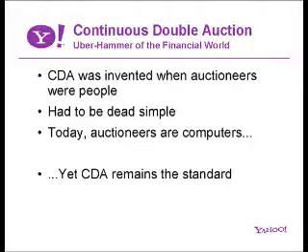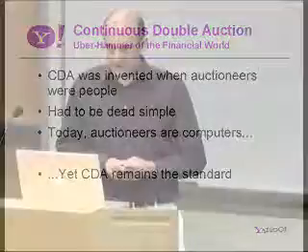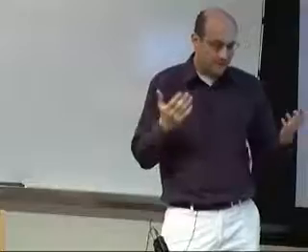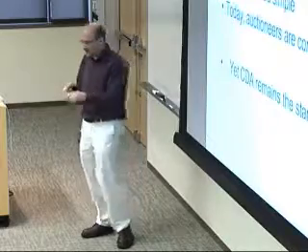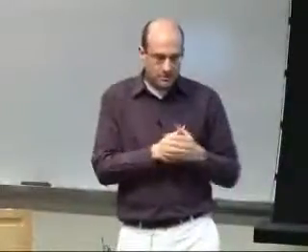Okay, so I guess the point is that the continuous double auction is a great invention, and it works great in many cases, but it was invented when auctioneers were people. And so, of course, it had to be dead simple when it was invented, maybe 100 years ago, at least, because a person had to sit there and sort these things and figure out who.